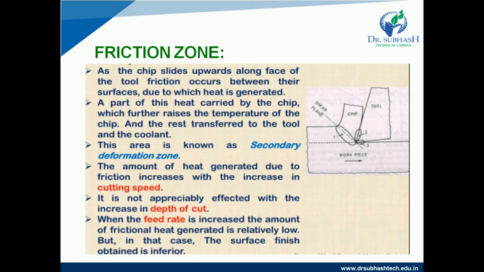So we have the relation between cutting speed and heat, the relation between depth of cut and heat, and third, when the feed rate is increased, the amount of frictional heat generated is relatively low, but in that case the surface obtained is inferior. Right? So this is the friction zone.